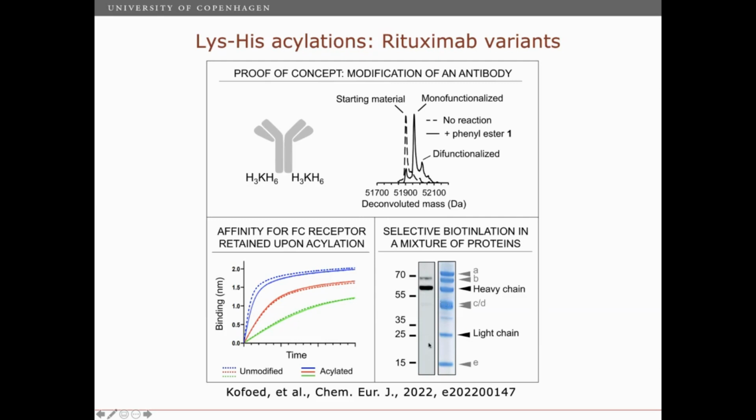Otherwise, you see a very nice selectivity over other proteins that we added to this mixture to see whether this isolation was selective for this antibody in the presence of other proteins. So this points also towards the use of our methods for the isolation of proteins that have not been purified yet, for the isolation of crude mixtures of expressed proteins.